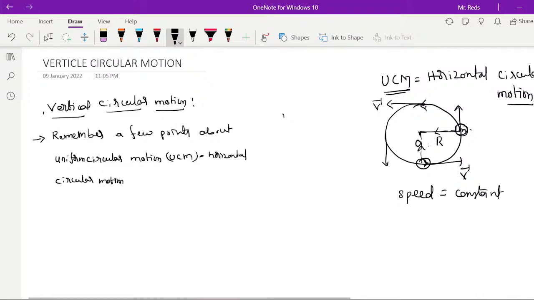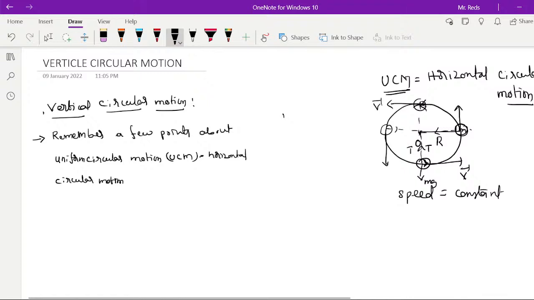The tension in the string will be the same everywhere. The bob has some mass, so mg acts downwards and tension acts along the string. The difference between these gives you the centripetal force.